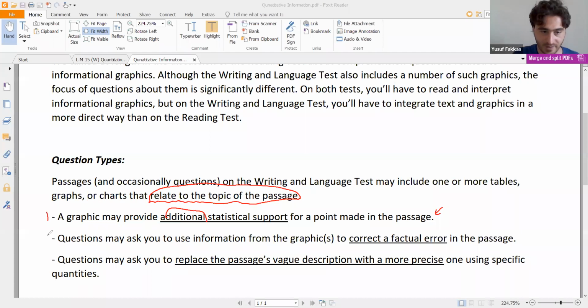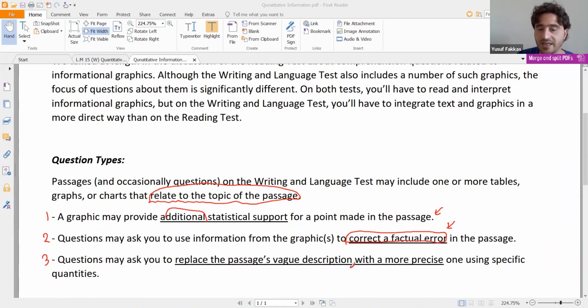That's one way. Another way is that we're going to have questions that may ask you to use information from the graphic to correct a factual error, as we said. Maybe there's something wrong in the numbers, something wrong in the percentages, and so on. The third kind of questions may ask you to replace the passage's vague description.